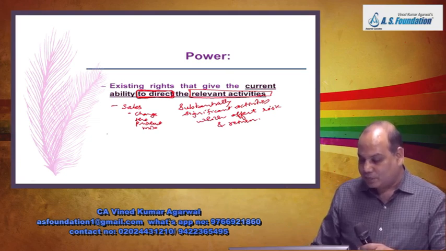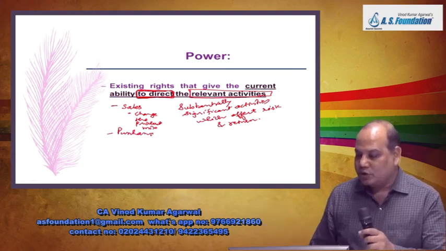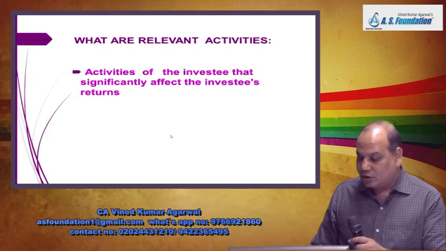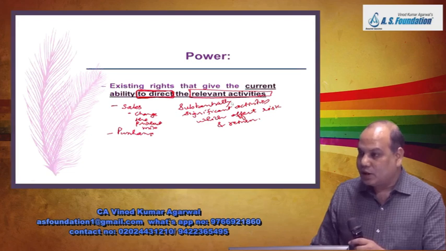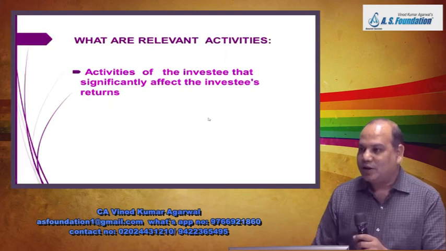Then you can affect the purchasing decisions. Then employment related decisions, which are the people whom you will employ in different key positions. So these are the relevant activities. R&D related activities, financing related activity, capital structure related activities, dividend related activities.